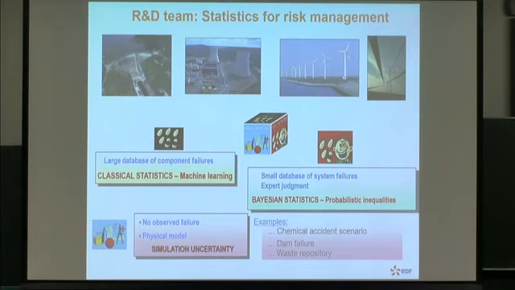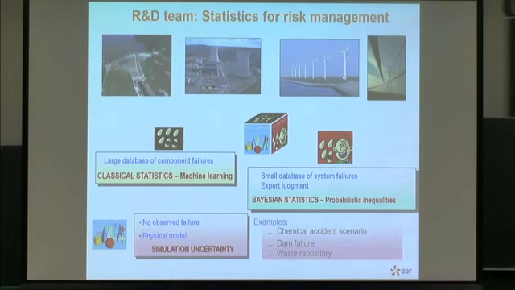Of course, sometimes we analyze systems where we have some failures. For example, when we study the lifetime of a pump, we have a lot of experiments, a lot of years of experiments, and we can apply some statistical tools. We can try to apply classical statistics and machine learning techniques to understand the behavior of this kind of failure.